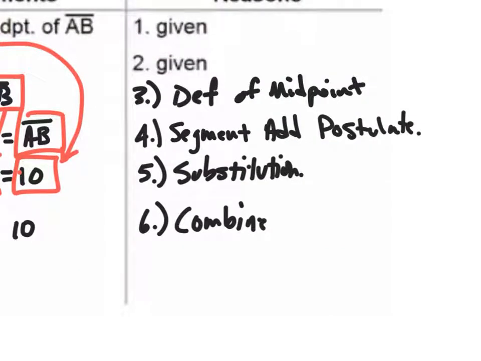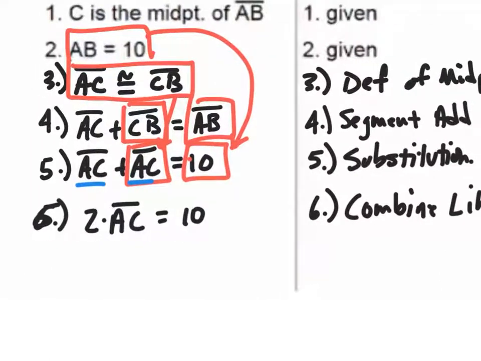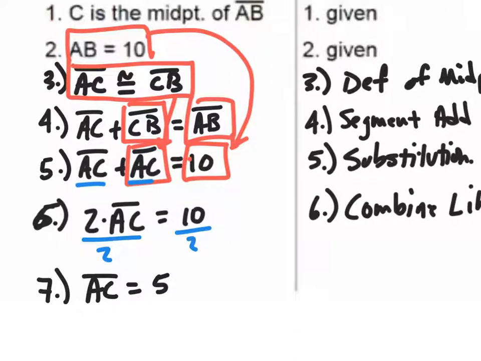I'm starting out with this statement here, segment addition postulate, and I'm just trying to logically prove step by step that AC will equal 5. Now what I would do, I would divide by 2, divide by 2. So then in step 7, AC is equal to 5.